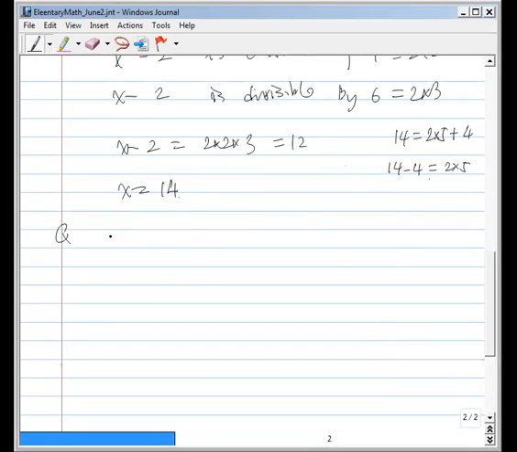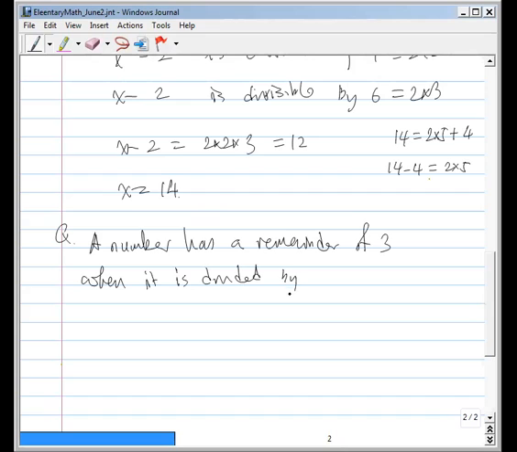So we have another problem. A number has a remainder of 3 when it is divided by 4, 5, 6, 7, respectively.